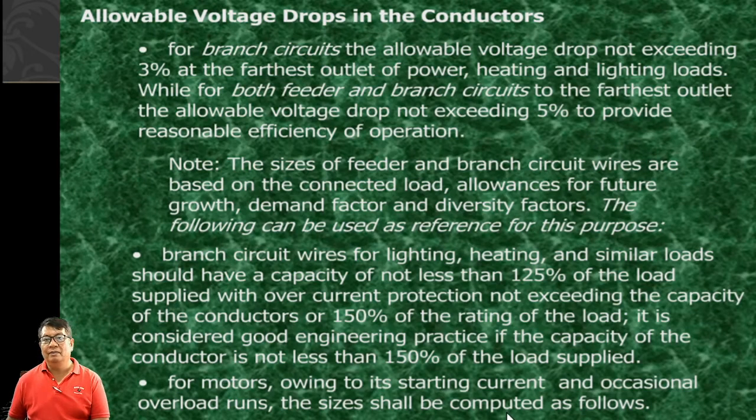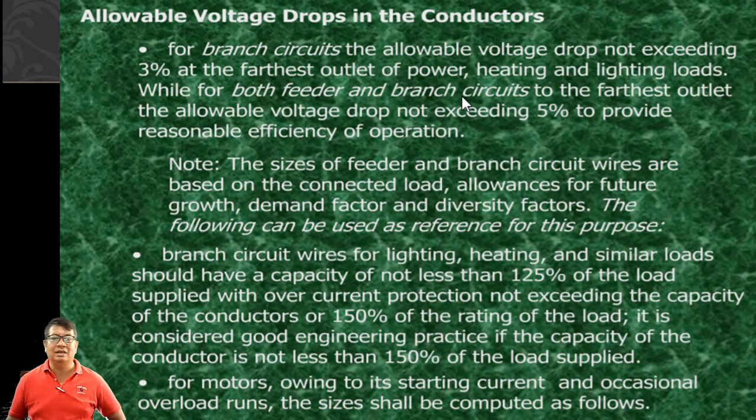So, allowable voltage drops in the conductors. Okay, sabi natin, the voltage drop not exceeding 3% at the farthest outlet of the power. Yung pinaka-huli doon, sa pinakamalayo, no? Kailangan yung voltage drop natin doon is not exceeding 3%.